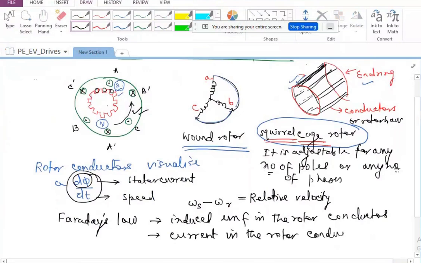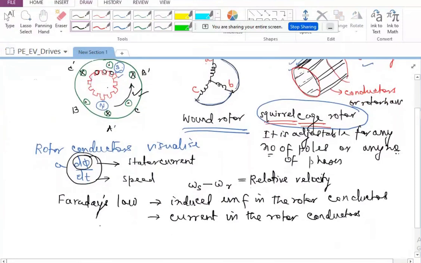If there is a circulating current, especially 3-phase, in the rotor conductors, then I will definitely have a revolving magnetic field produced by the rotor currents also.